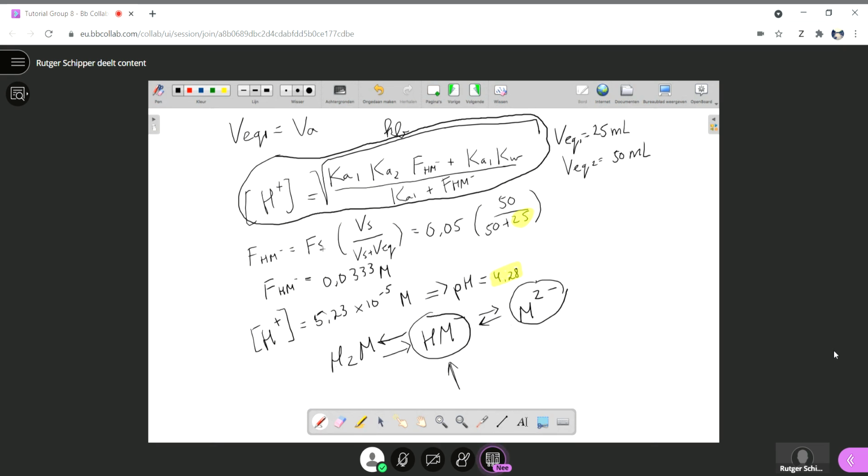So the formula states the formal concentration multiplied by the volume start divided by the total volume, so 50 plus 25, which gives us the new formal concentration of 0.0333.